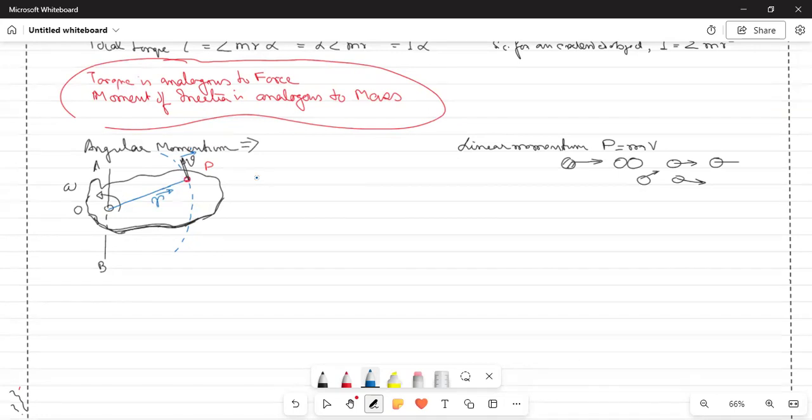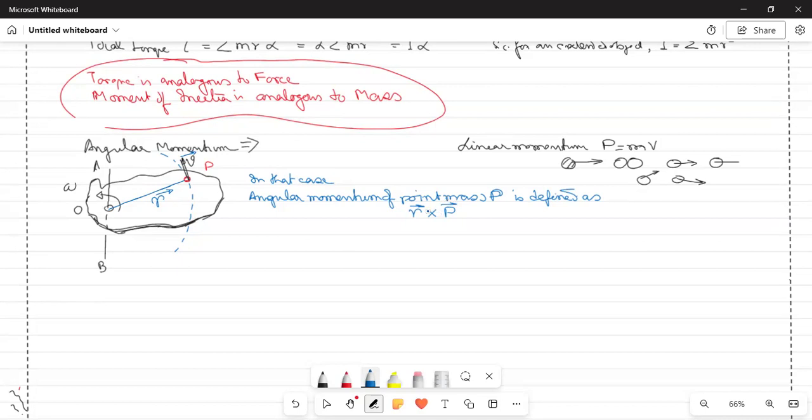In that case, the angular momentum of point P, a point mass, is defined as the vector cross product of the position vector and the momentum of this point, right?